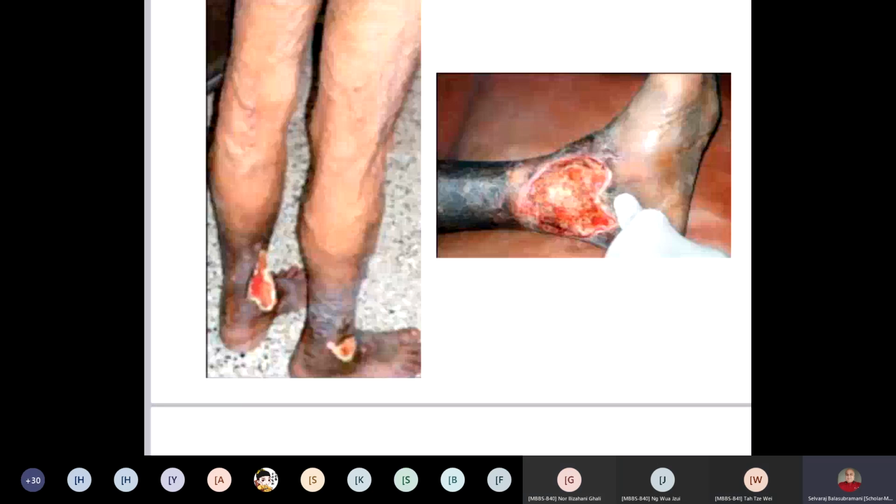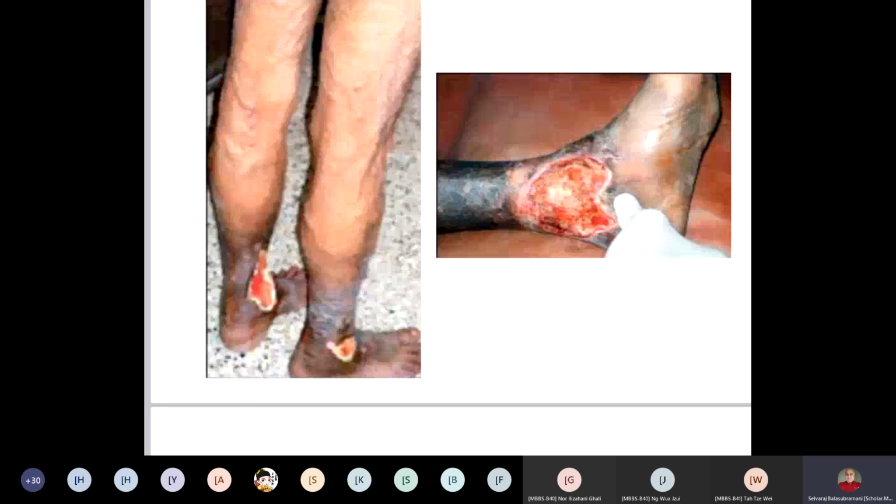So what will you have? Chronic venous stasis, because there is not very good venous return. Some of the blood which has gone up will come down because there is a problem in the walls, and it will pool around the ankle. That is why you are developing an ulcer like this.